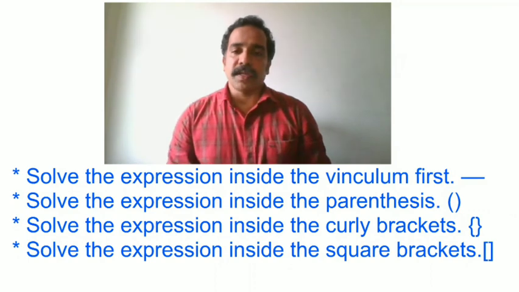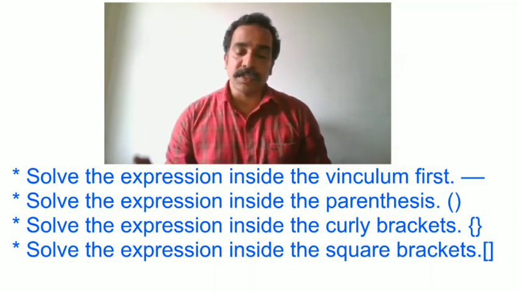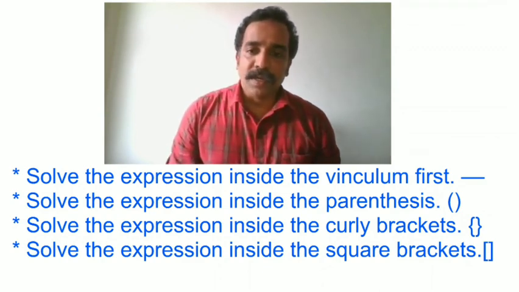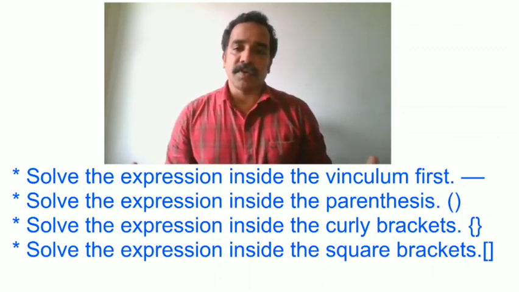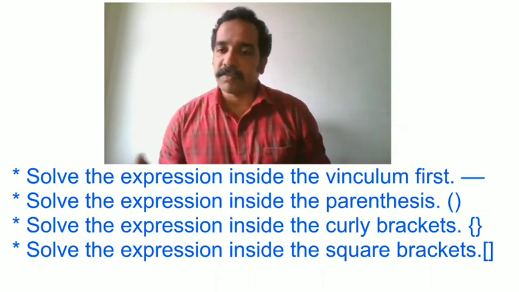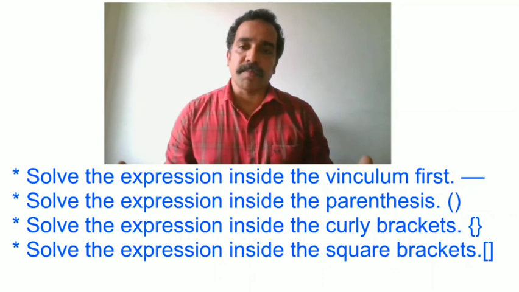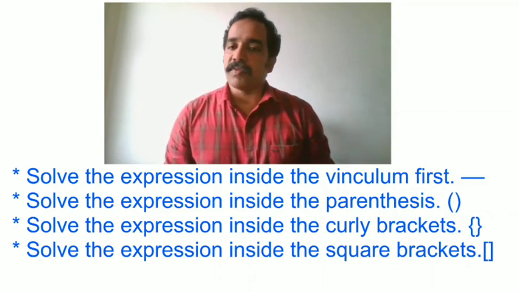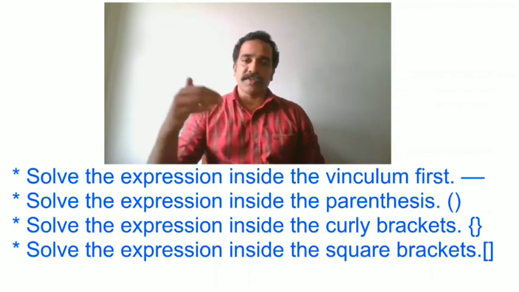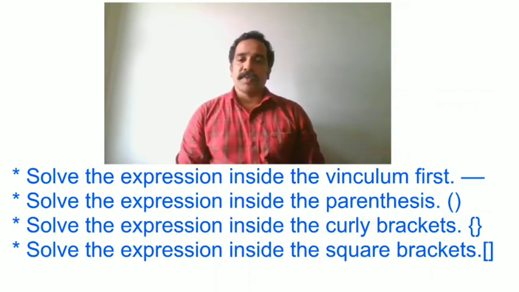What comes inside the parenthesis you have to do second. Then third, what comes inside the curly brackets you have to solve. Then finally the square bracket. What is inside a square bracket, that you have to simplify. And then later the remaining operations as we discussed earlier, from left to right.